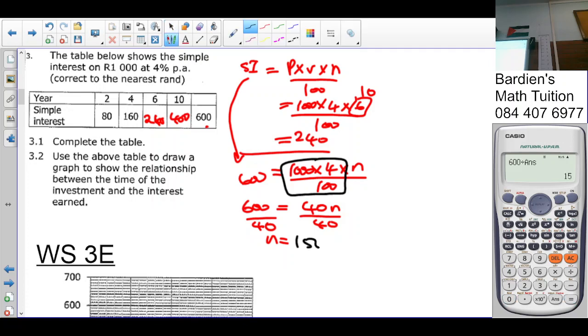It takes 15 years. Okay. You can just write 40 times 2, 80, 40 times 4, 160, or 40 times 6. Yes, so you have actually worked out what the simple interest is per year, which is 40. And then you work that out.